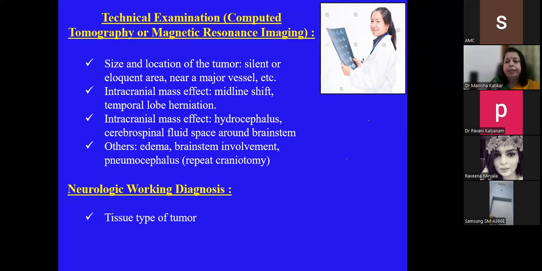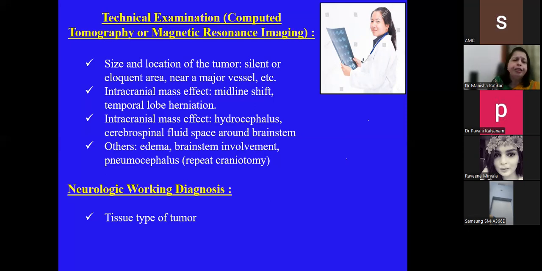If the patient is undergoing repeat craniotomy, then is there any pneumocephalus? Pneumocephalus means that because of previous surgery, air has been introduced into the brain, which is compressing the brain matter. So this examination with discussion with the neurosurgical team is very important, because the size and location of the tumor will tell you everything.